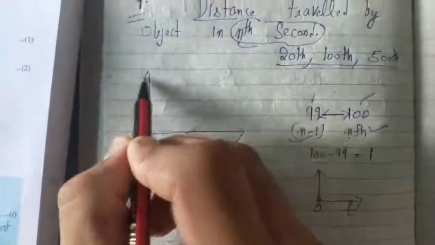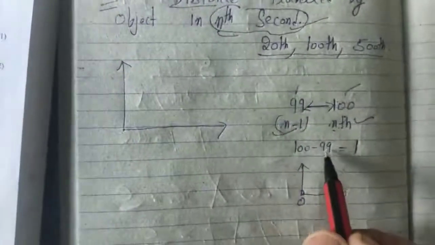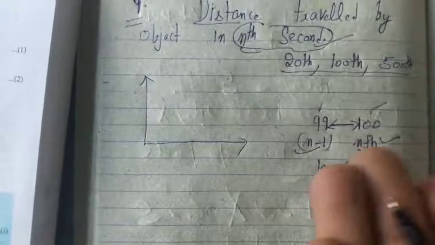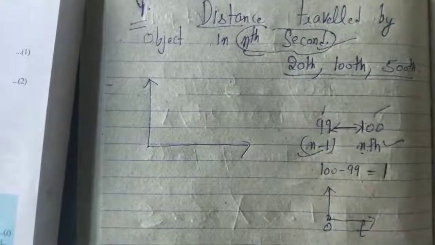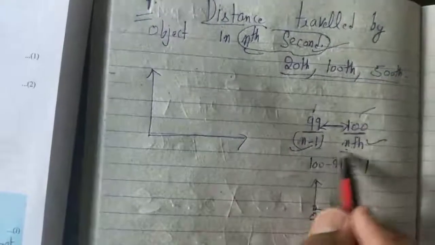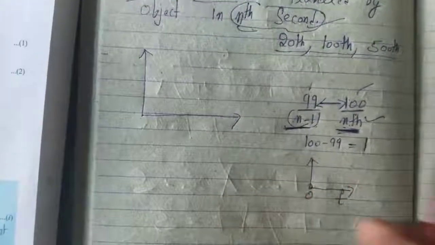Now here also I will consider two times. One time I will take the nth second and one time I will take the n minus 1th second, because prior to n only n minus 1 will come. What comes before 100? Only 99 will come. What comes before n? n minus 1. When I discuss the nth, I will also take n minus 1 in the discussion.